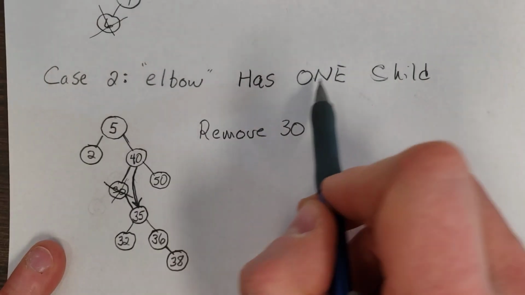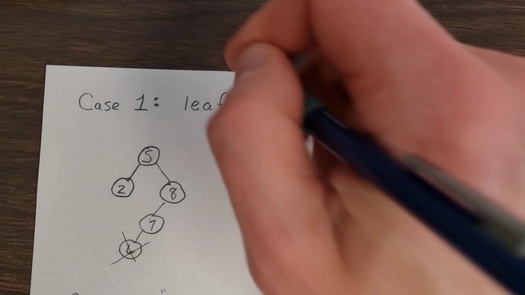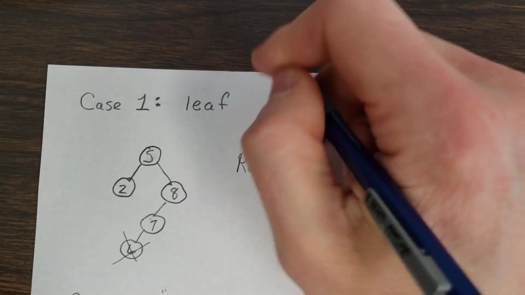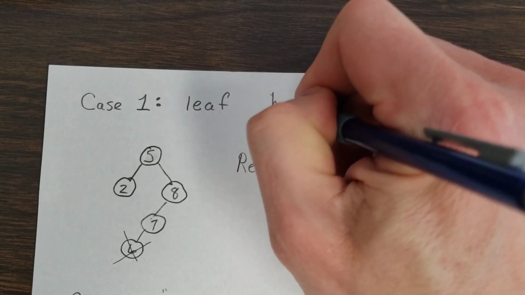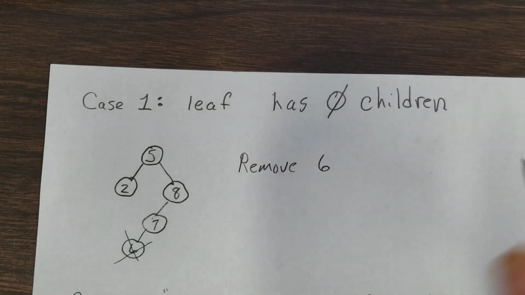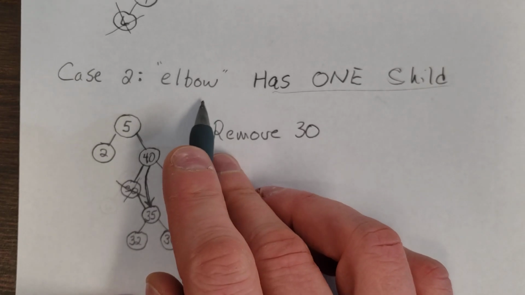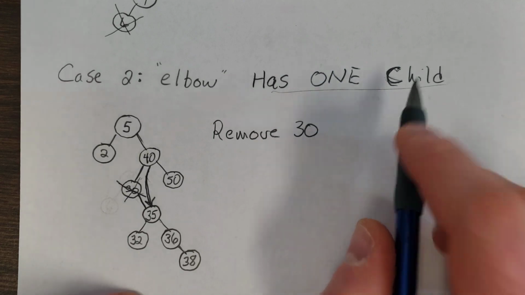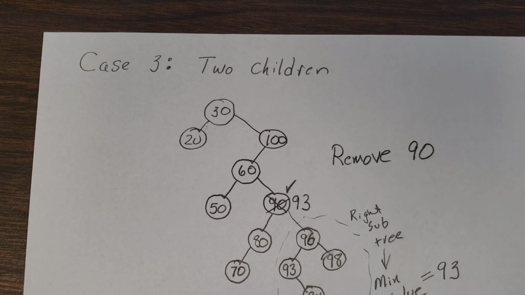This looks like an elbow, but if it has only 1 child, then remove is relatively easy. If it has 0 children, it's a leaf. If it is an elbow or a stick, then it has only 1 child. And then remember that this 2 children, that's going to be the difficult case.